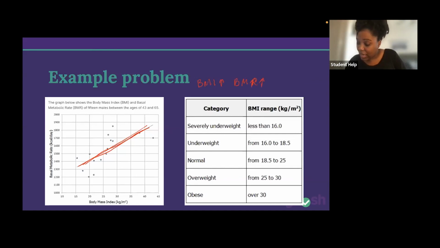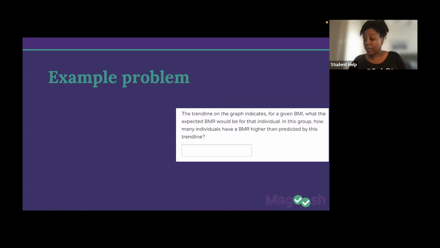So if this is the trend line, meaning the expected trend, then the values above would be higher than the expected trend, and the values below would be lower than the expected trend. So basically what they're saying is how many values are above the expected trend and how many values are below the expected trend. Okay, so think about it and tell me your answer in the chat.